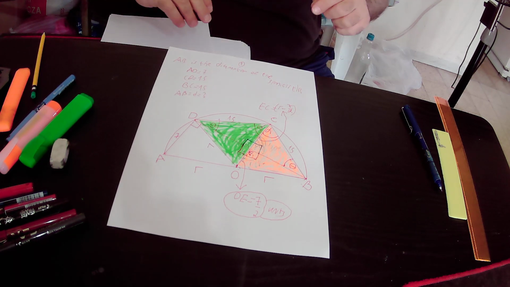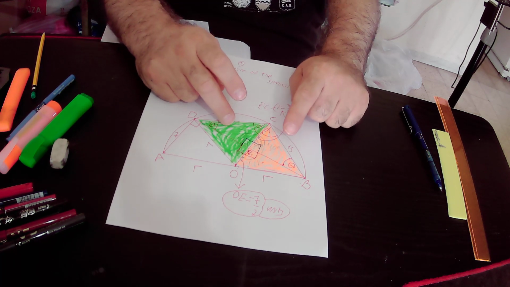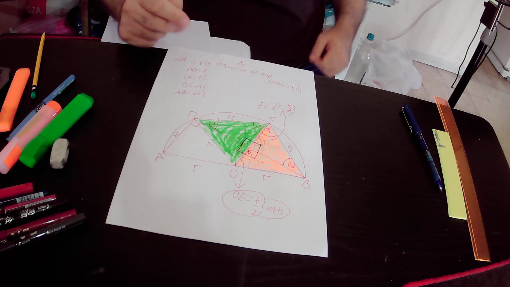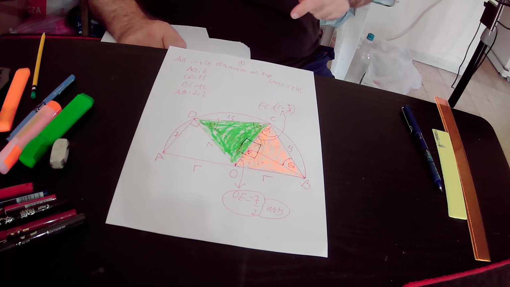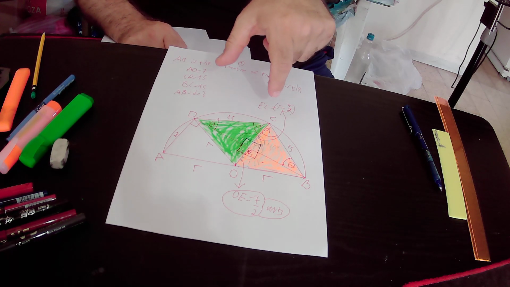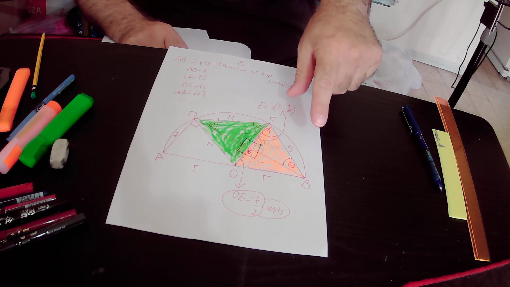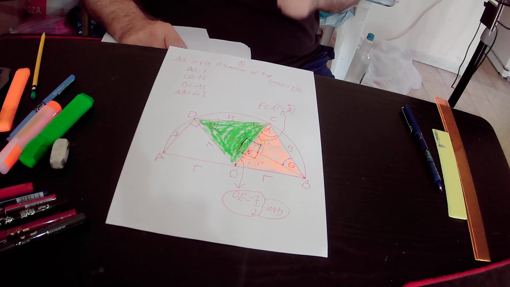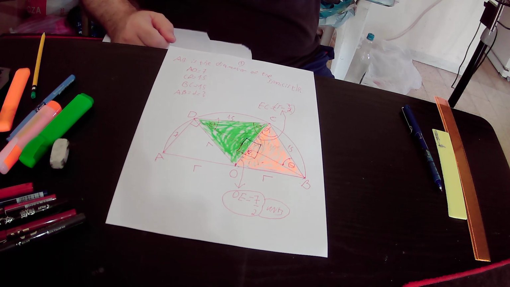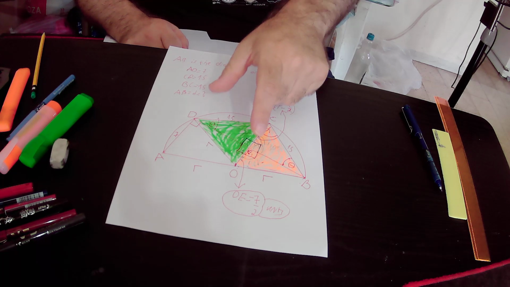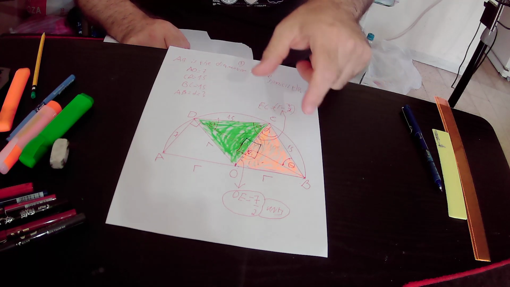Then we focused on the green triangle and on the orange triangle. We know that side DC of the green triangle that equals 15 units is equal to side CB of the orange triangle that also equals 15 units. We also know that OD equals OB.